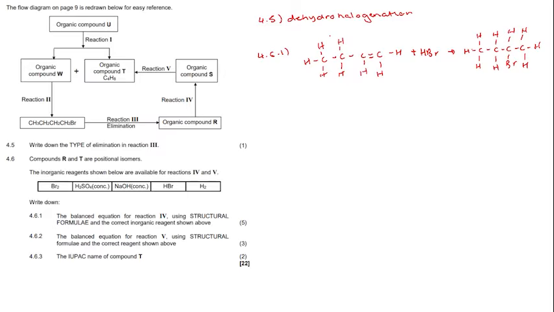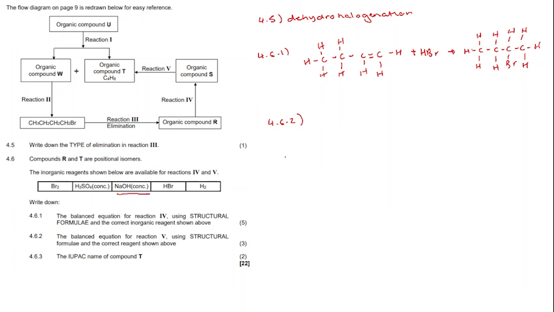Question 4.6.2. The balanced equation for reaction 5 using structural formulae and the correct reagent shown above. So to go from our haloalkane back to an alkene, we need to add NaOH. Therefore, our inorganic reagent will be NaOH.